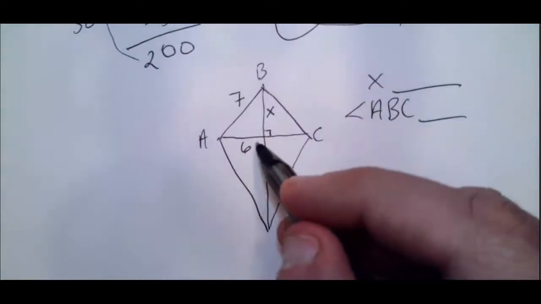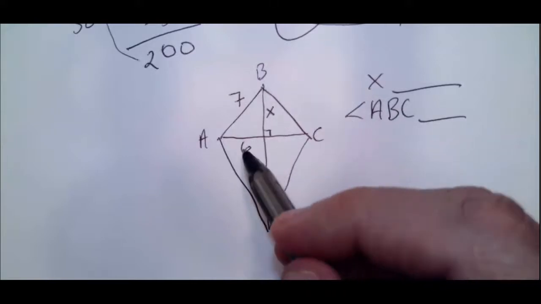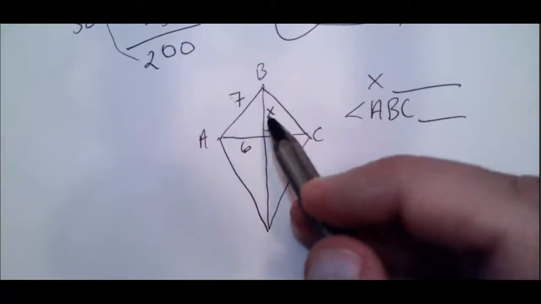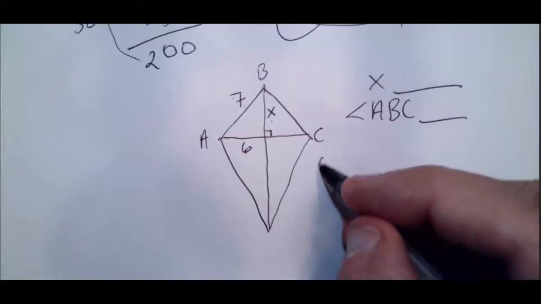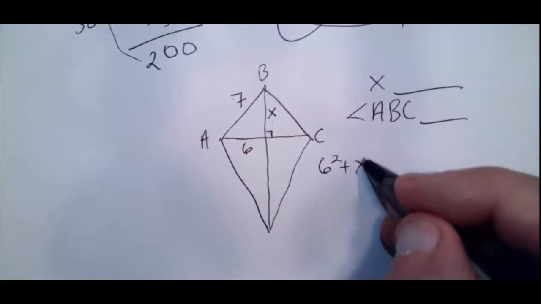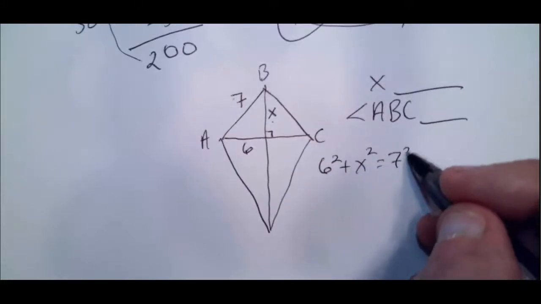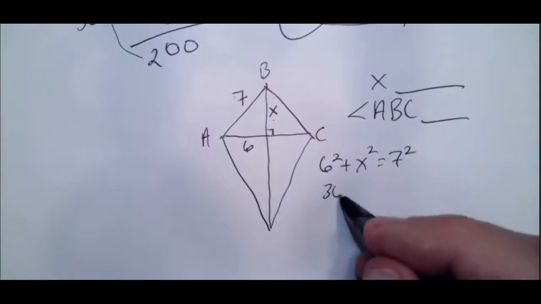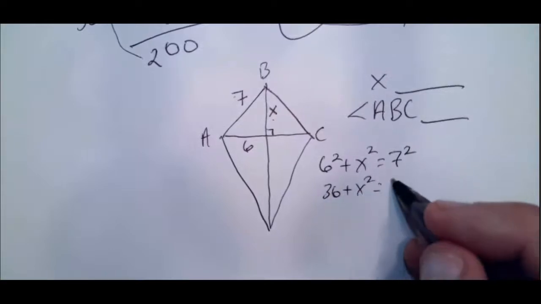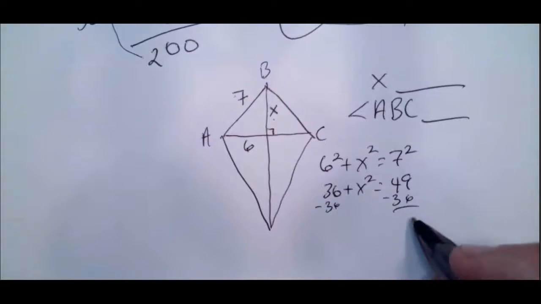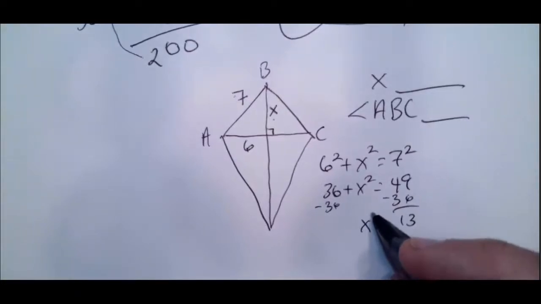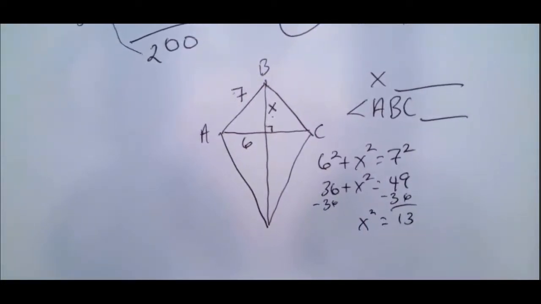Oh, look, we have a right triangle, a side, and we're looking for a side. So we're going to do the Pythagorean theorem. A squared plus B squared is equal to C squared. 36 plus X squared is 49, minus 36 is 13.